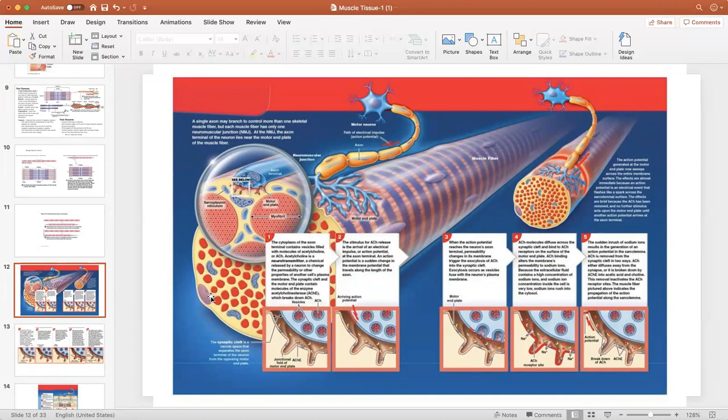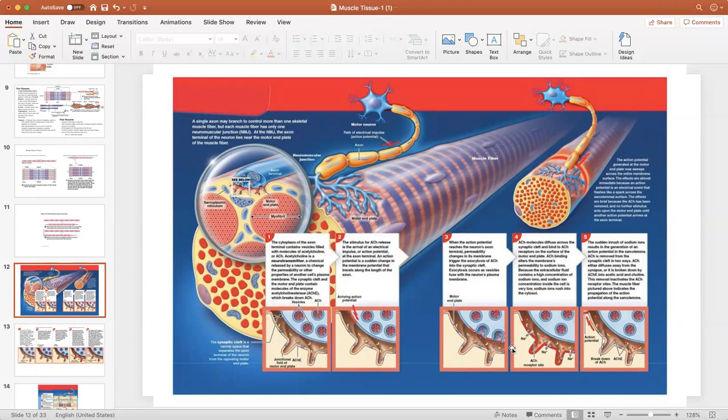We have a motor neuron that will have an action potential sent down. The action potential reaches the synapse, and all motor neurons release acetylcholine, which we've already learned. So we have the synaptic vesicles here releasing the acetylcholine into the synaptic cleft.